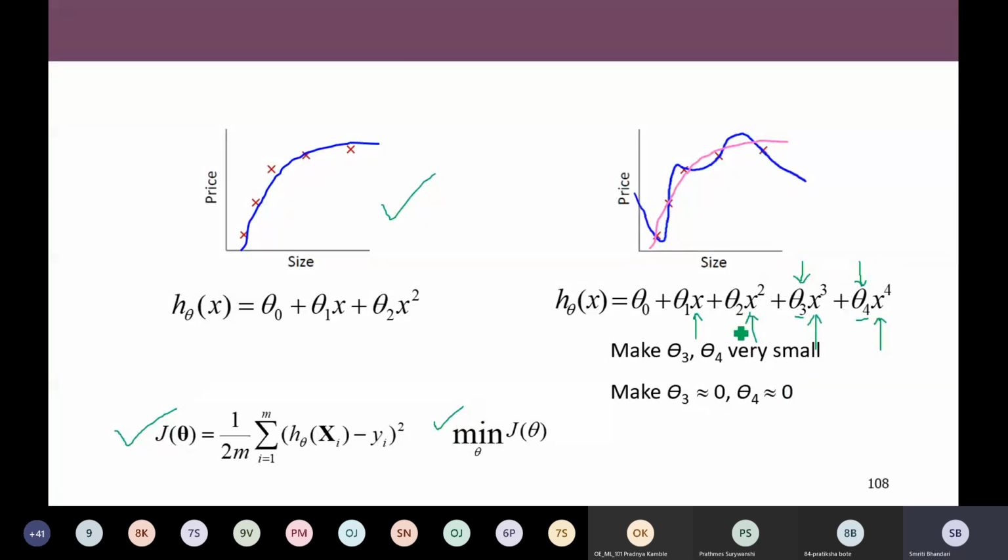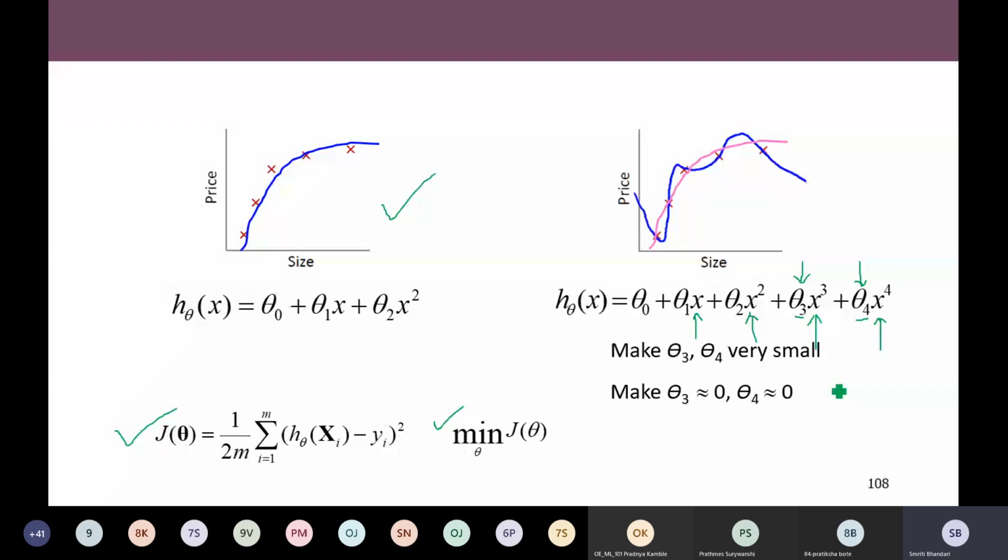Now, in this situation, our hypothesis is like this, and we try to keep all the features. The only thing is, we will have a small modification in our cost function, so that we can accommodate such regularization with respect to the features.